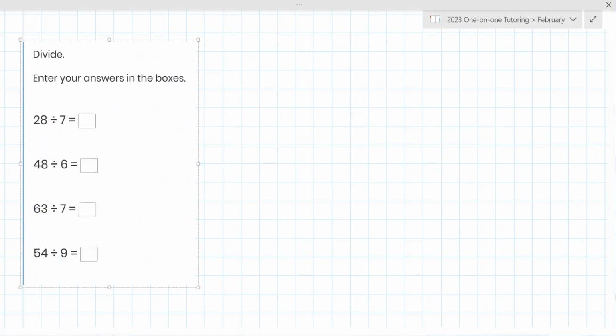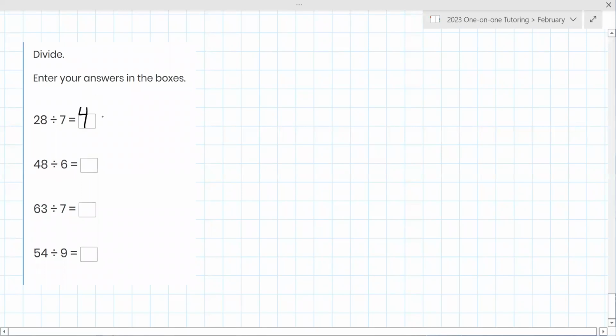All right, let's do just a warm up here on some past stuff. Can you do these division problems for me, please? Yeah. 28 divided by 7 is 4. Good. 48 divided by 6 is 8.